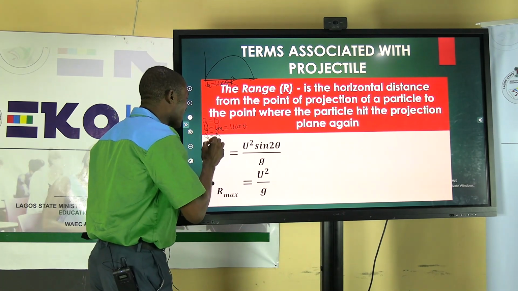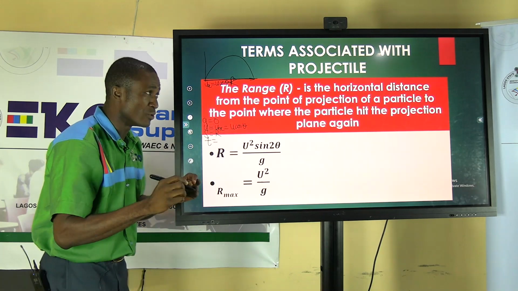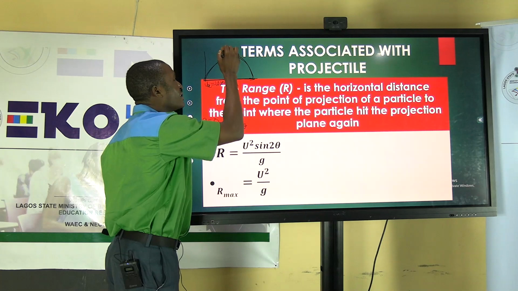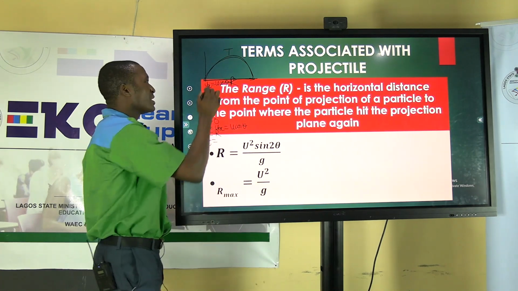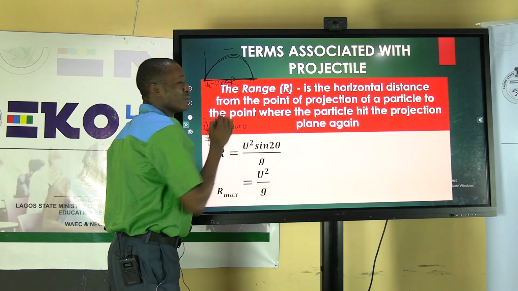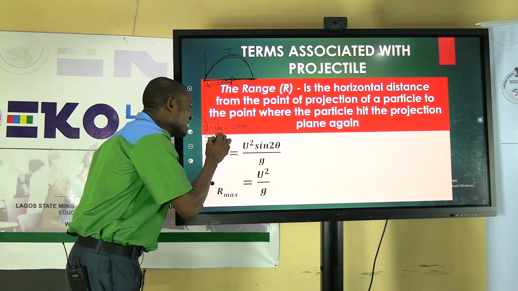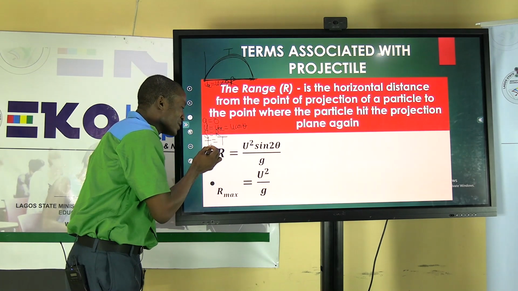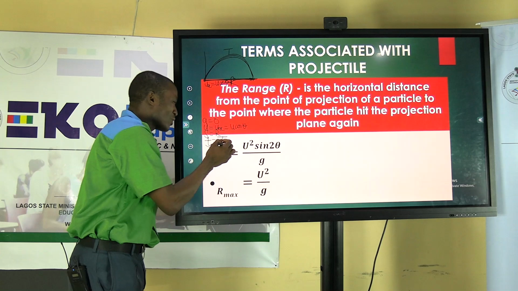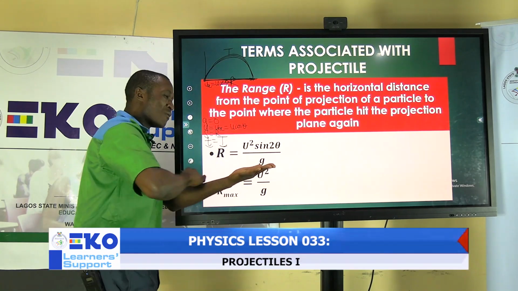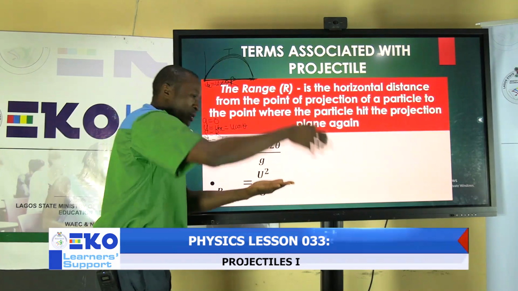And then the time taken, please take note, the time taken to complete a range is always the time of flight, because it must have gone up and come down. So that time taken is not the time to reach maximum height. You might see it written in small letter, but it's actually the capital letter T, because it is the time of flight. For it to cover a horizontal distance, it must have gone up and come down.